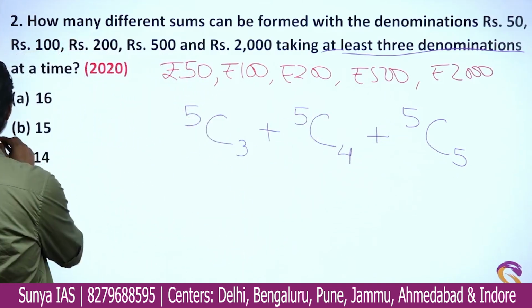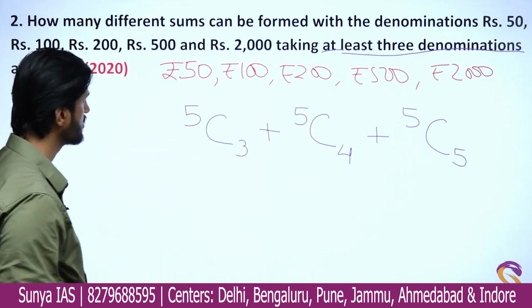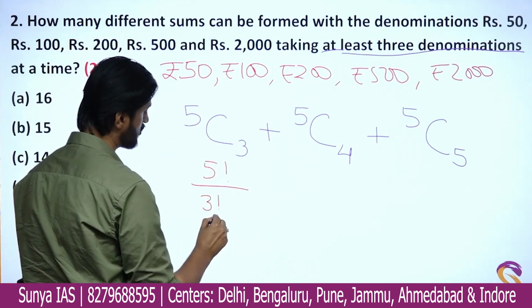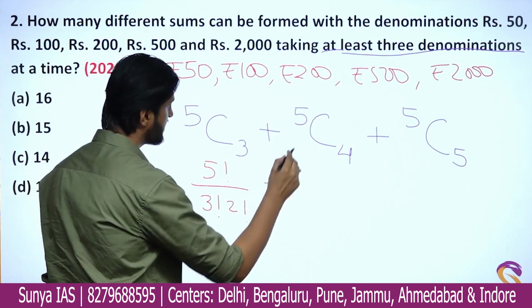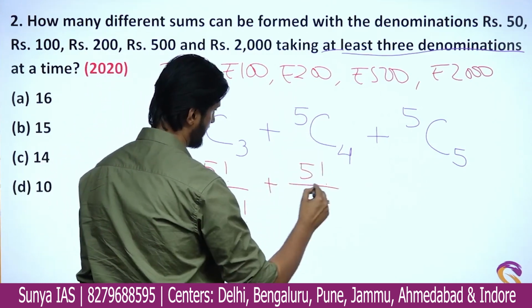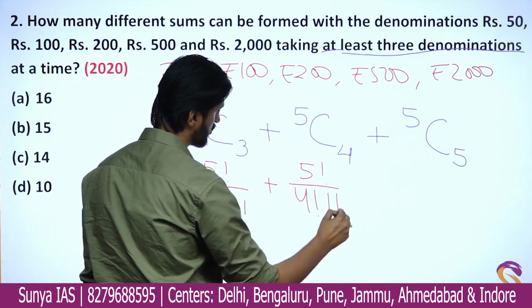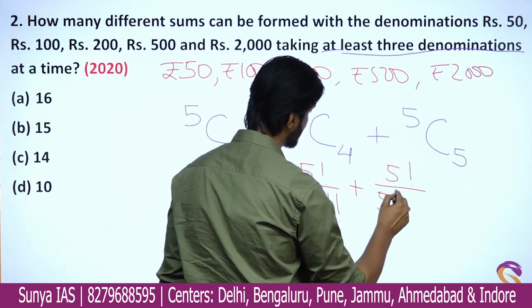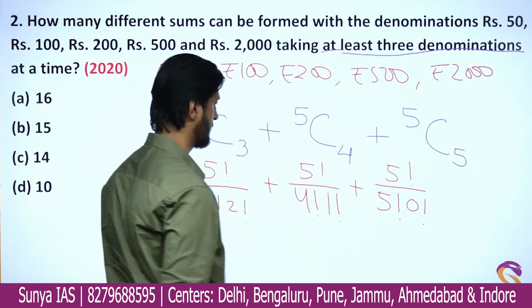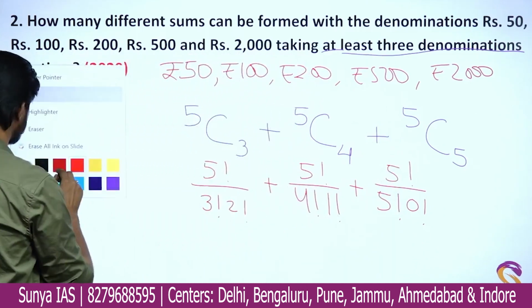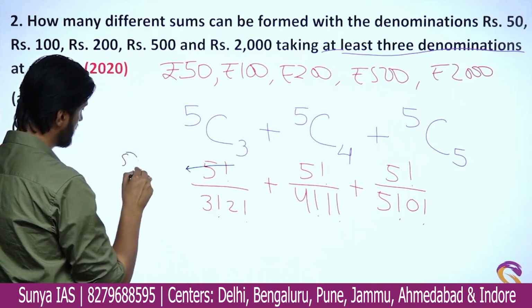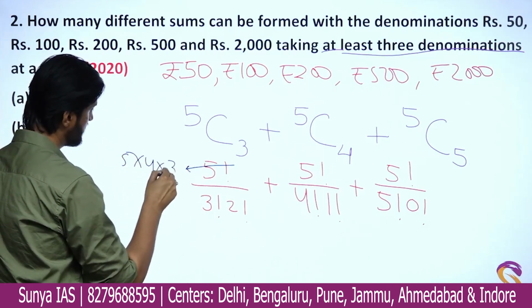Okay, so here what we can do further is just solve it. So we have 5 factorial divided by 3 factorial 2 factorial, plus 5 factorial divided by 4 factorial 1 factorial, plus 5 factorial divided by 5 factorial and 0 factorial. As you can see, this 5 factorial you can write as nothing but 5 into 4 into 3 factorial.